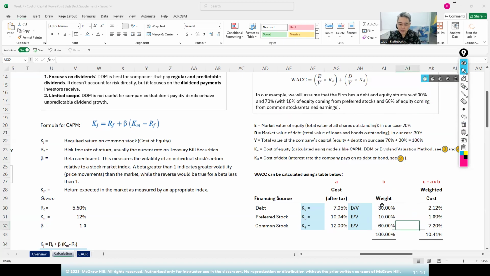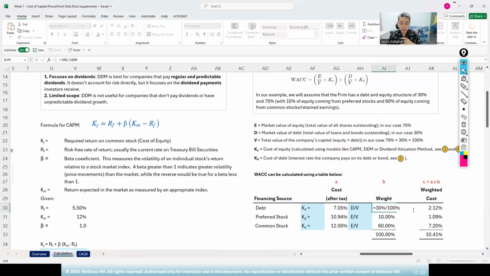So why do we need to assign the weight proportionately, right? Right now I do 30% over 100%. Of course, it's still 30%. But sometimes it might be a dollar amount. On the balance sheet, debt is amounting to 1.5 million, or in our example, 3 million, then 2 million, right? The original one that we started with in the first video.